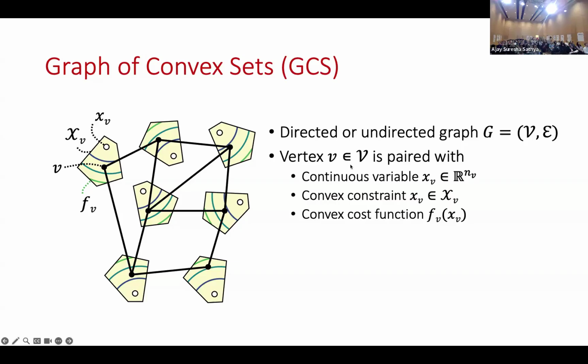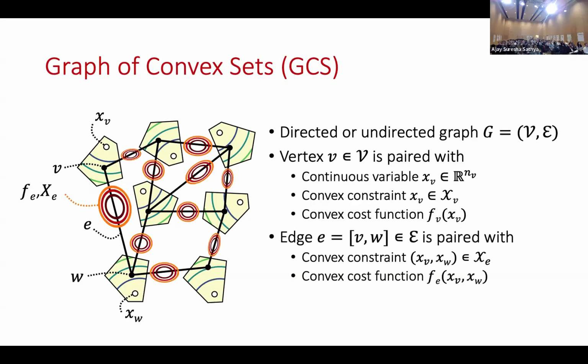So in particular, every vertex v in a GCS is paired with a convex optimization problem, which is defined by three things: a set of variables, x_v, a convex constraint set, calligraphic X_v, and a convex cost function that, given the value of the variable x_v associated with the vertex, returns the weight of the vertex itself. So this is not a fixed number anymore, but is a convex function of an underlying continuous variable.